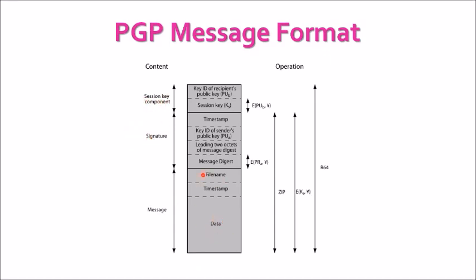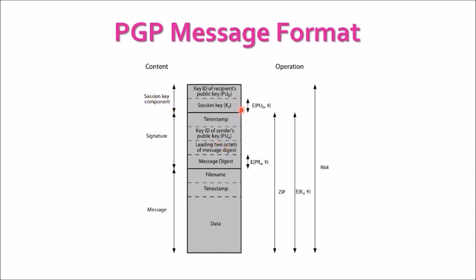The message component includes the actual data to be stored or transmitted as well as the file name and a timestamp that specifies the time of creation. The signature component includes the timestamp, the encrypted SHA-1 message digest, leading two octets of the digest for verification, and the key ID of the sender's public key.